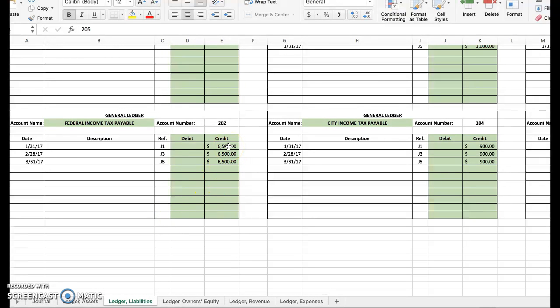We have, for example, in the federal income tax, for the first 3 months, withdrawn from employees money that they owe. This is their money. They earned it, but we have to pay it by law to the Internal Revenue Service. So 6,500 for January, for February, and for March. We add that up, and we have to pay that. The question will be, what's the entry to show that?